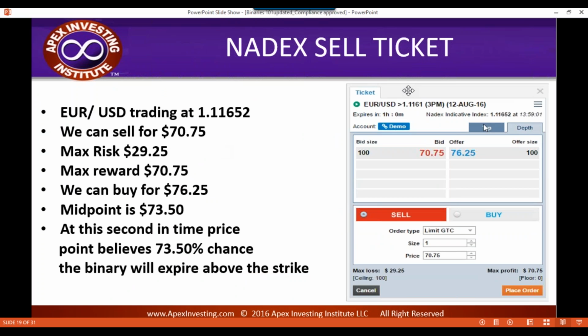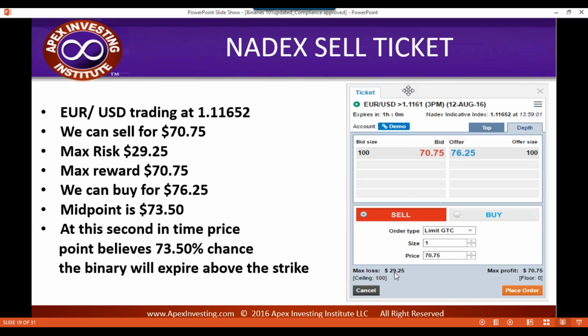So let's look at a sell ticket. On this particular ticket here, I can buy for $76.25, or I can sell for $70.75. So let's say I click $70.75, I click sell, I do one contract, boom, same thing right there.